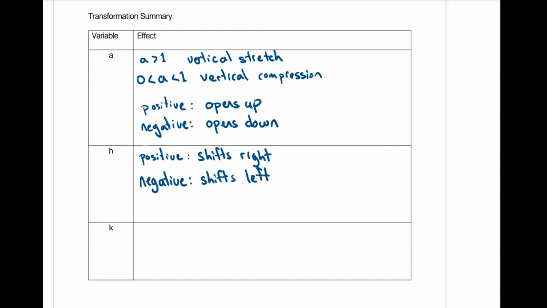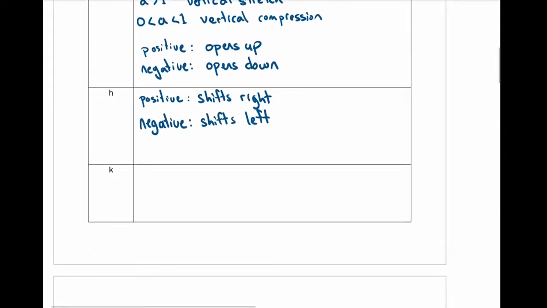So if we see negative in the equation, that means our h value is positive, which means it shifts right. If in the equation we see positive, that means our h value is negative, so it shifts left. So it's the opposite of what we see. K, we just take as it is in the equation. So positive shifts up, and negative shifts down.